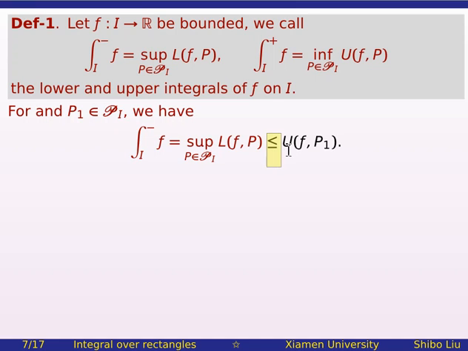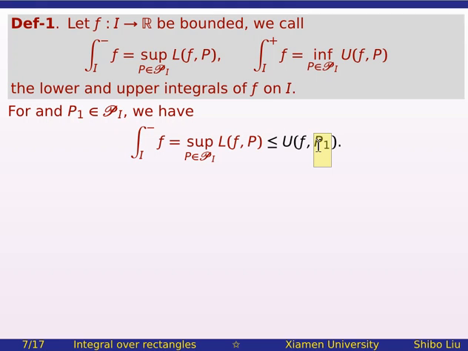Okay, this is because for every P, L of P will not be greater than U of P1. So after taking the supremum, the inequality remains true. But this P1 is any partition of the rectangle I. Therefore, we can take the infimum of both sides of this inequality.